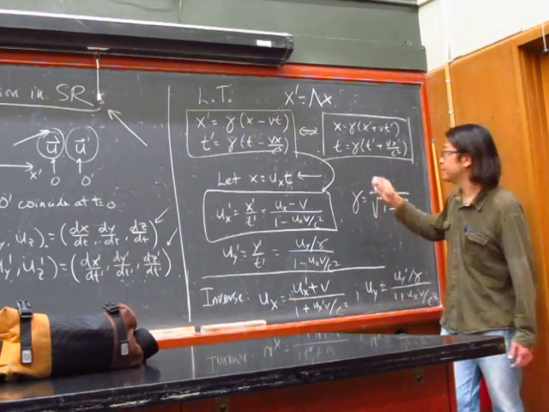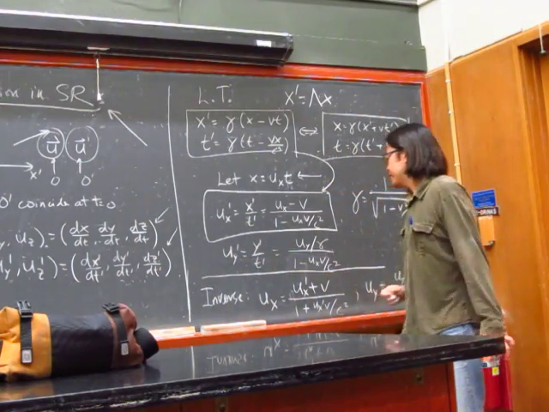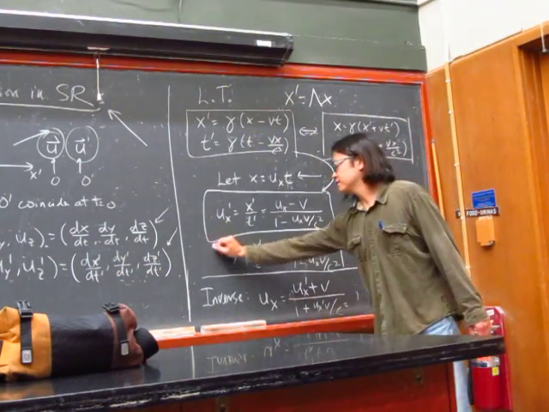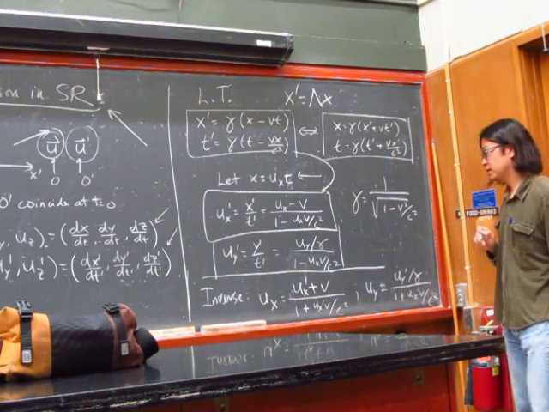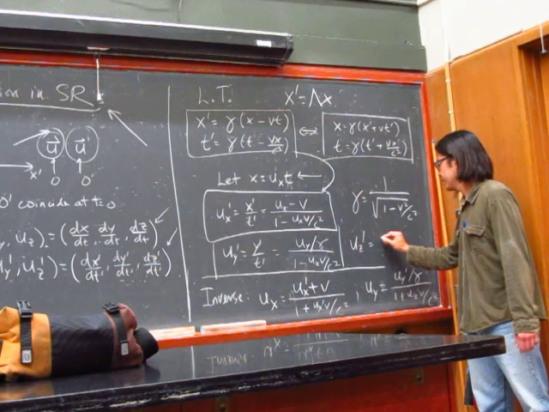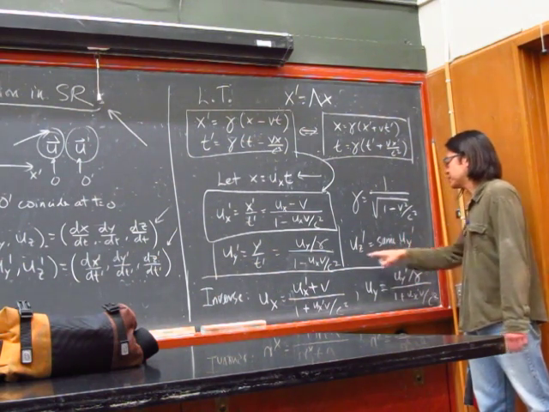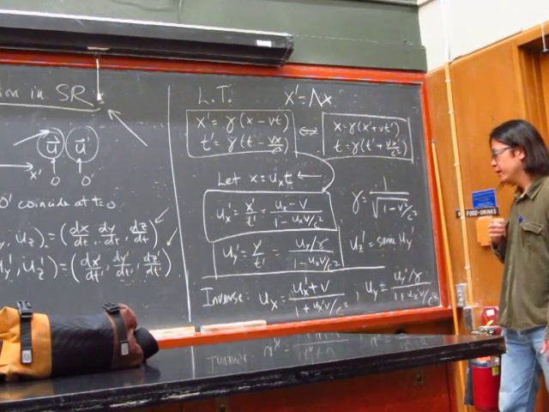Same thing here: uy prime is y prime divided by t prime, and you get something like this. And the formula for uz prime is the same as uy prime, just substitute z for y.